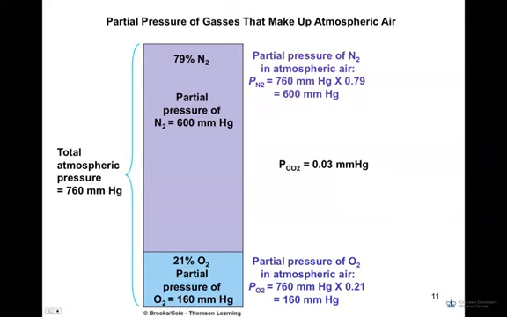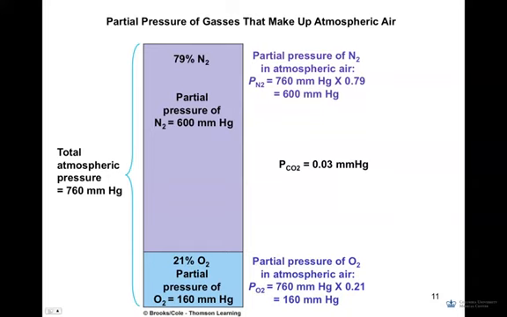Now, oxygen is obviously the gas that we care the most about in terms of gas exchange. So the partial pressure for oxygen in atmospheric air is equal to 21% times 760 millimeters of mercury, which gives us 160.